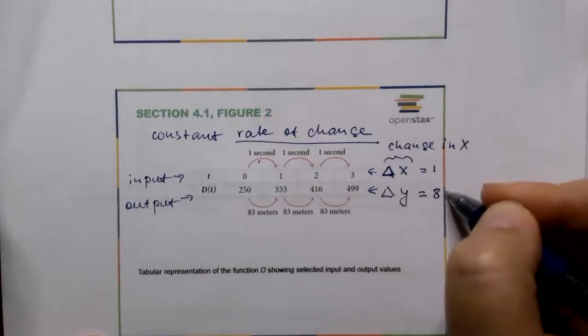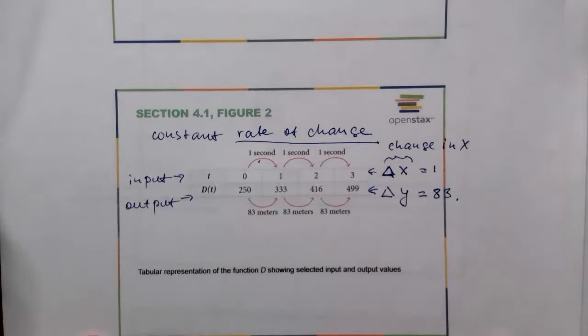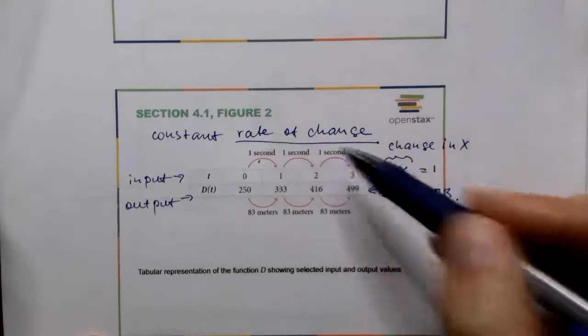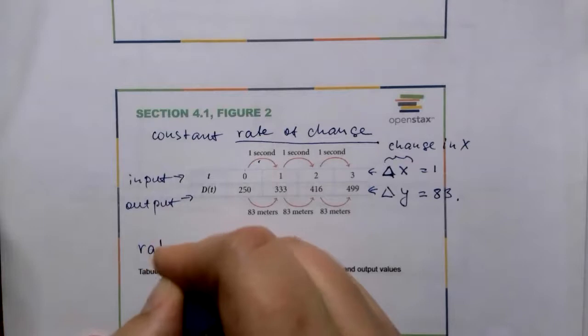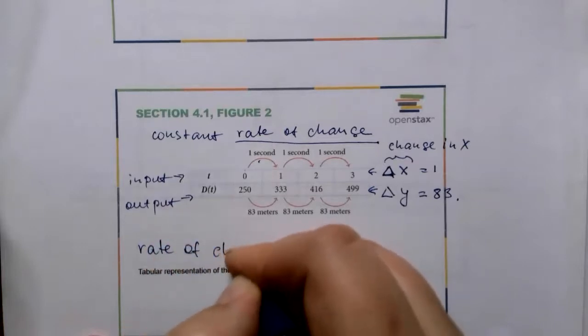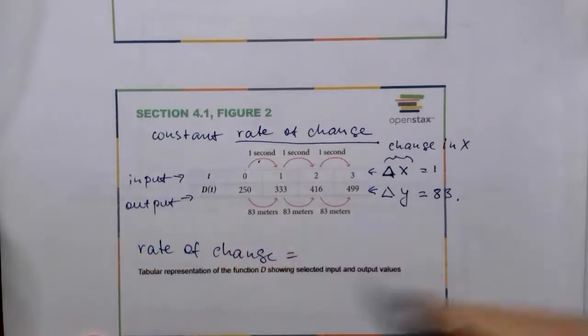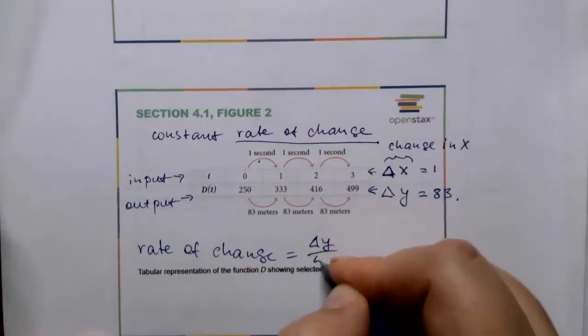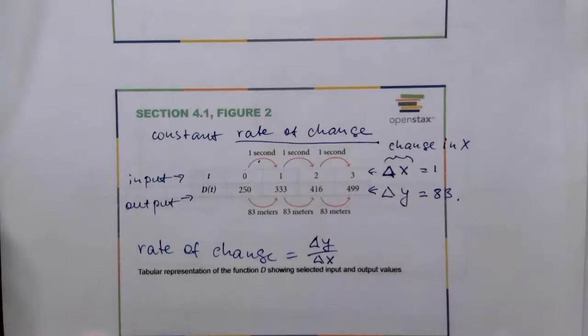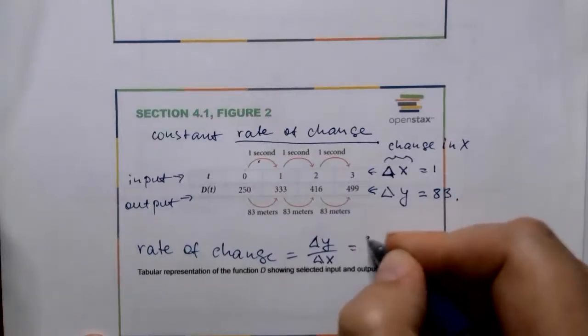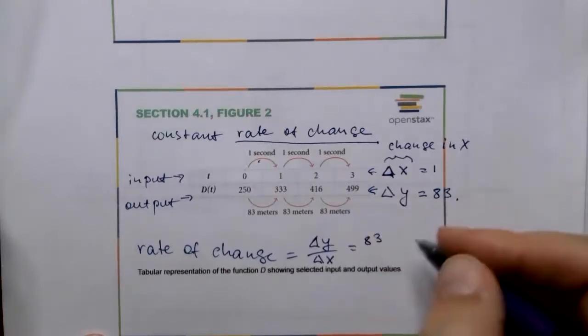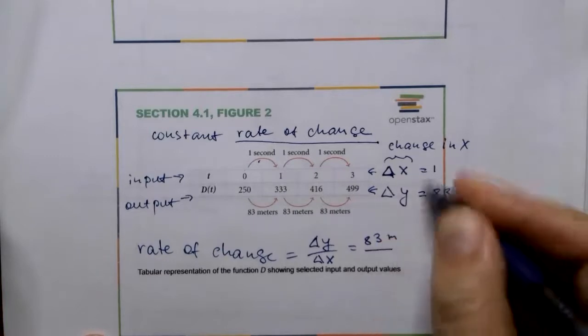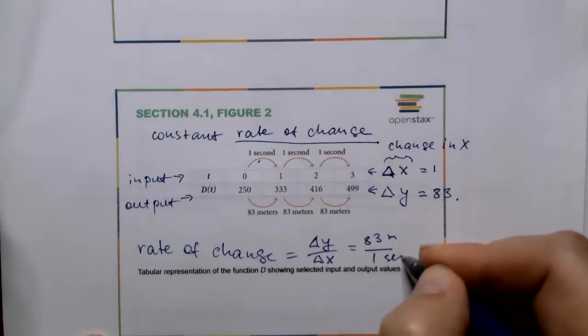is also constant, 83. So when we talk about rate of change, rate of change is delta y divided by delta x. Okay, so for this specific case, it's 83 meters divided by 1 second.